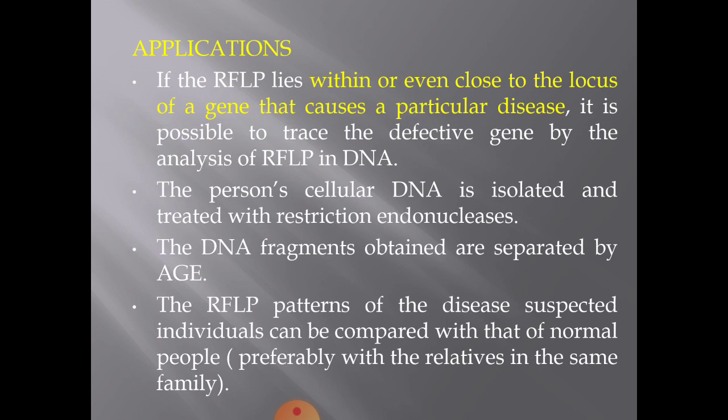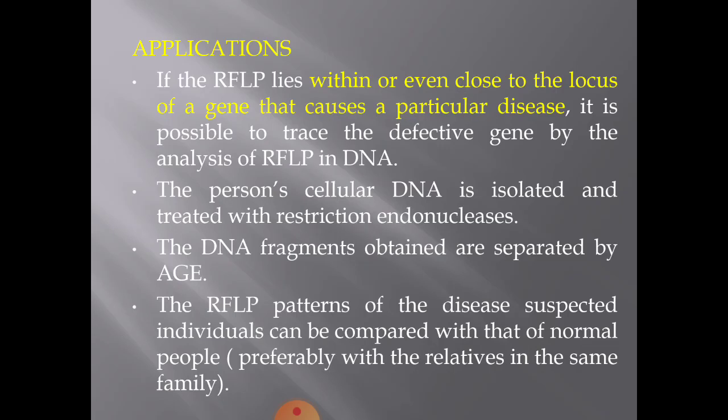The RFLP patterns of the disease-suspected individuals can be compared with those of normal people. So you have to repeat all that you have done for a suspected person for a normal person, preferably the relatives in the same family. Then you can compare the band patterns of a suspected diseased person and a normal person.